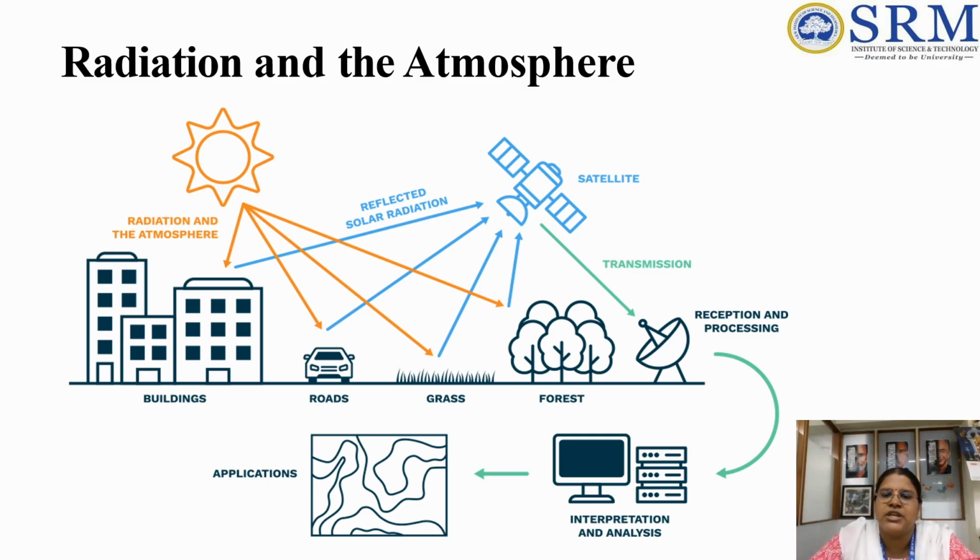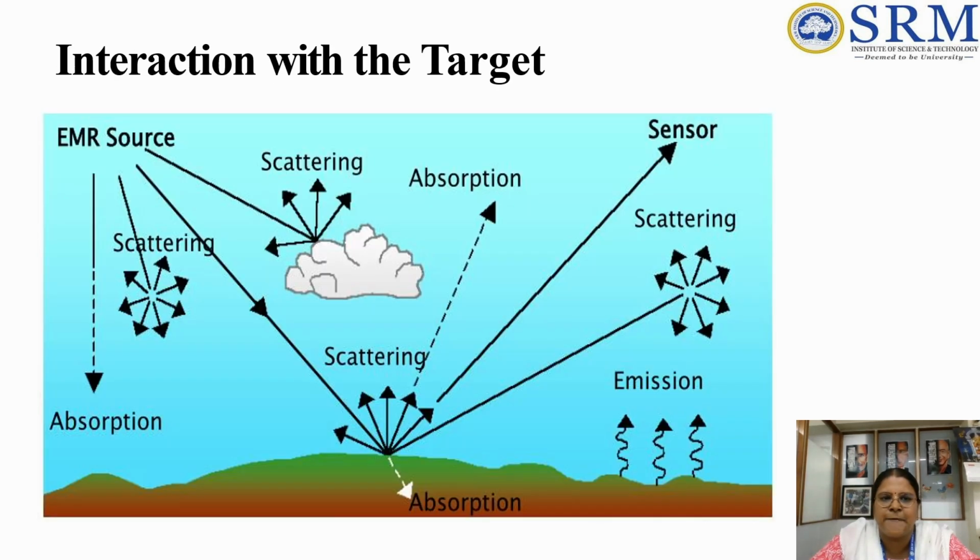This ground station will process all the data transmitted from the satellite, and this will be used for interpretation and analysis, and the final output will be the applications in various fields.